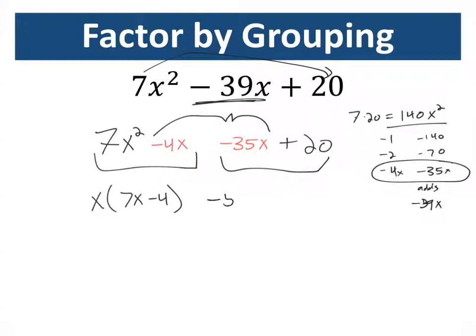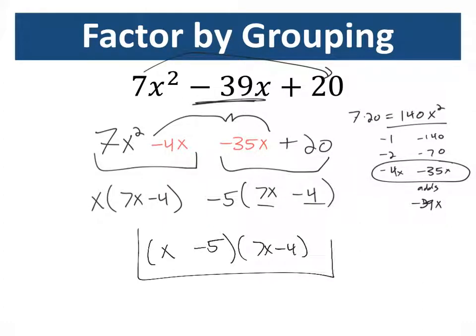Negative 5 times what gives me negative 35? That's 7x. And negative 5 times something is 20, that's negative 4. Oh, look, 7x minus 4, 7x minus 4. We've got 7x minus 4 times something else, that's x minus 5, and this is our final answer.